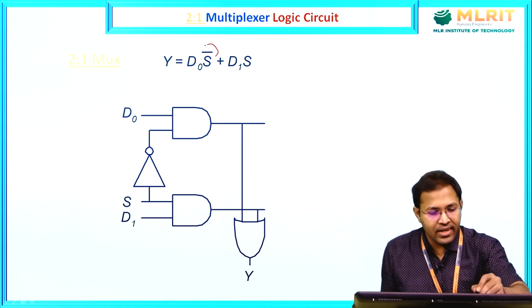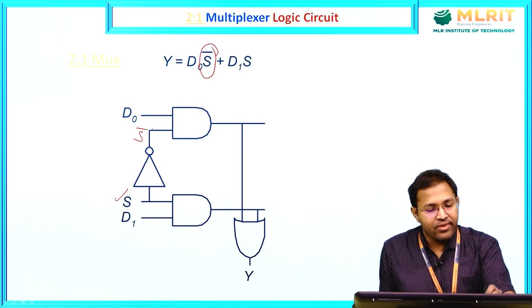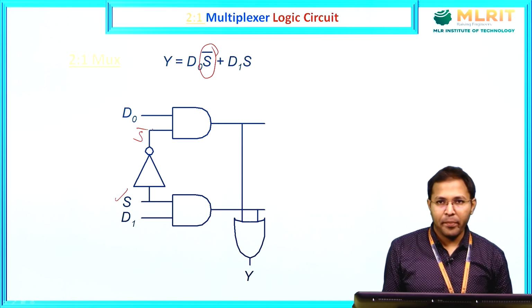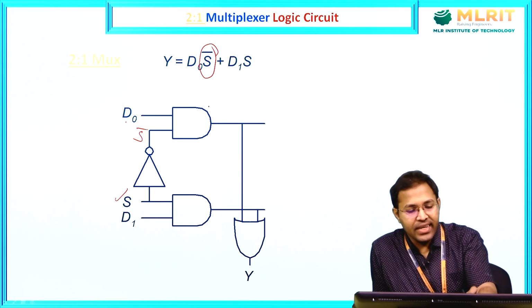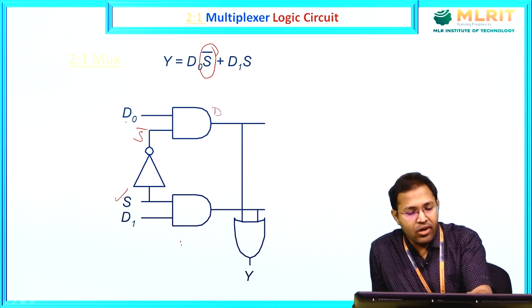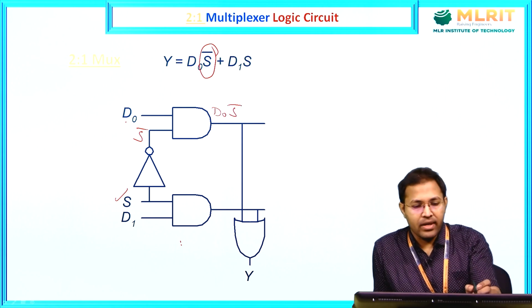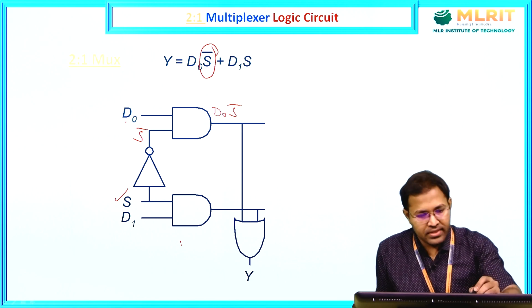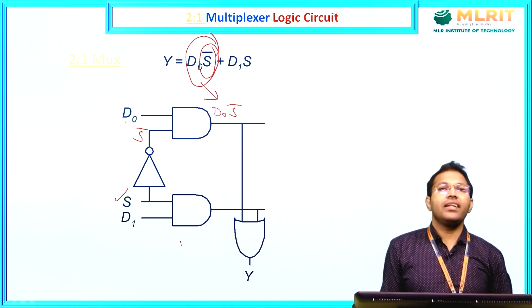How can we get S bar? Pass S to a NOT gate, and the output of the NOT gate is S bar. Then D0 into S bar you get as the output of the AND gate, so we get the complete term D0 into S bar here.